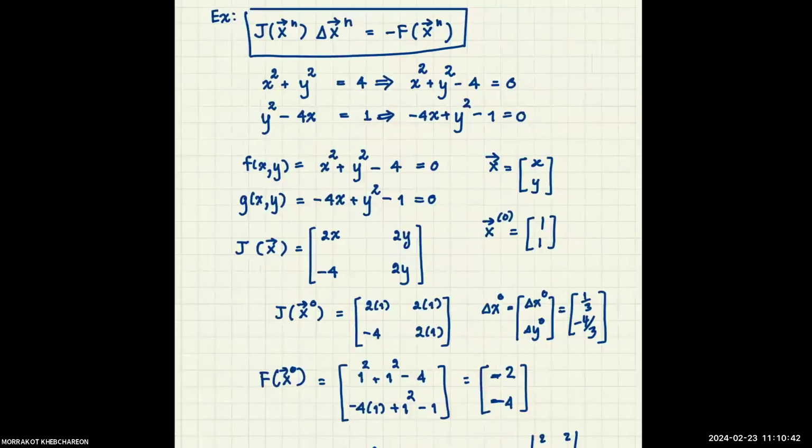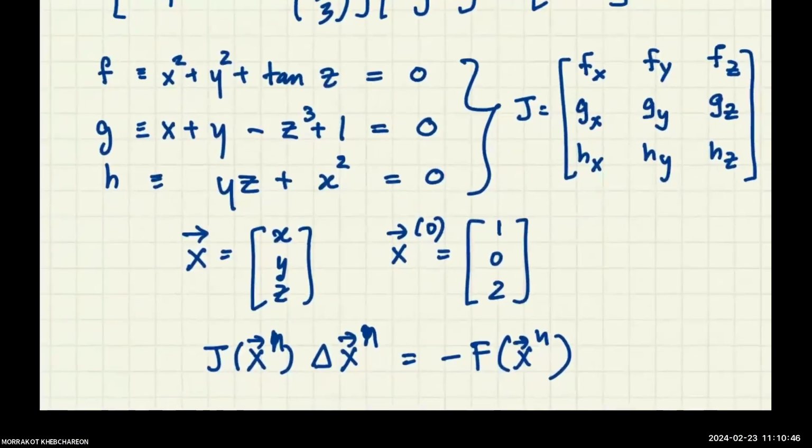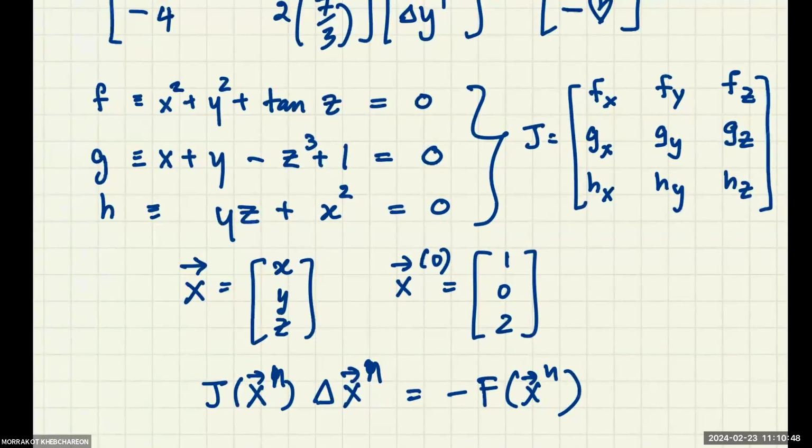Okay. If you have 3 by 3, like this, 3 equations and 3 unknowns. You will try to solve this system by taking the partial derivative.